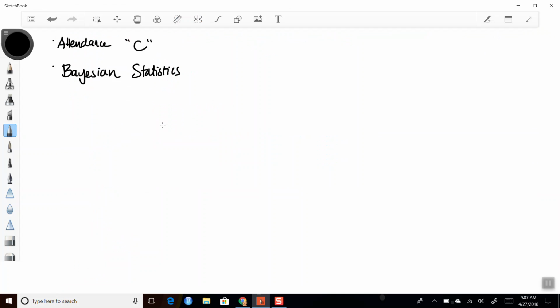So the big idea with Bayesian statistics is what we can think of this as, and this is what the author of the textbook says, Bayesian inference is reallocation of credibility across probabilities.